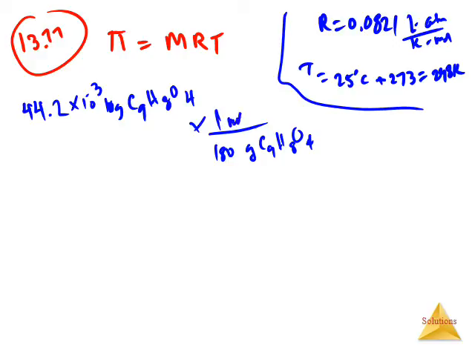1 mole C9H8O4. So this gives me 2.46 times 10 to the negative 4 mole of C9H8O4.